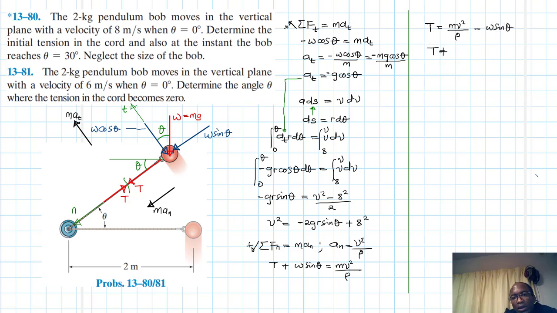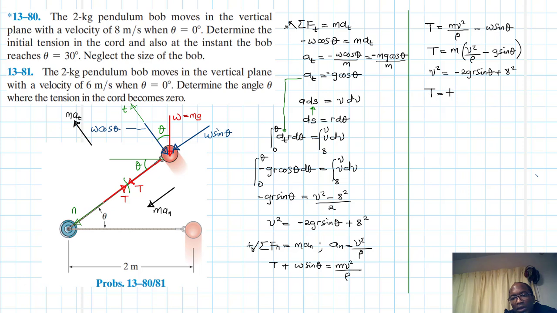Then our T is just going to be equal to v squared divided by rho minus g sine theta. So we found v squared is equal to, what is v squared? We said it's minus 2 g r sine theta plus 8 squared.